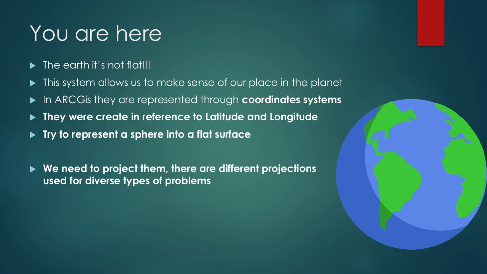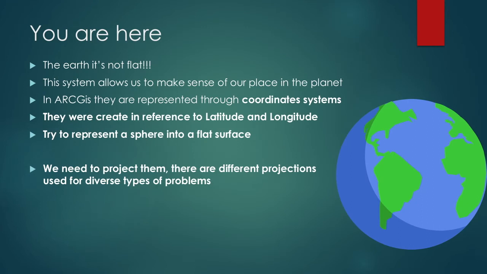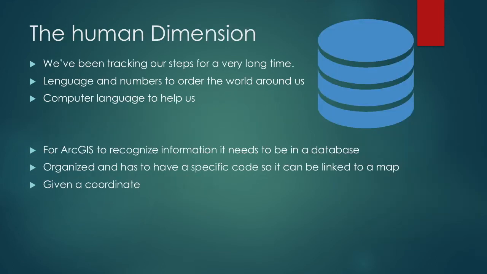We project each point of the Earth onto a flat surface. This is thanks to the creation of a system of latitude and longitude imaginary lines that can help us put a point, put a pin into a specific coordinate of the world.